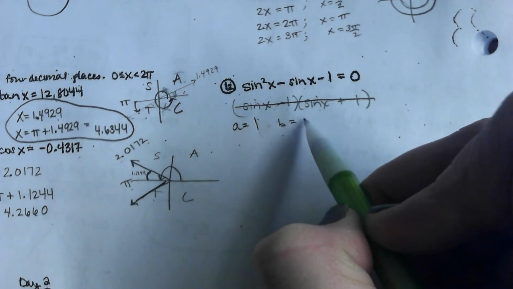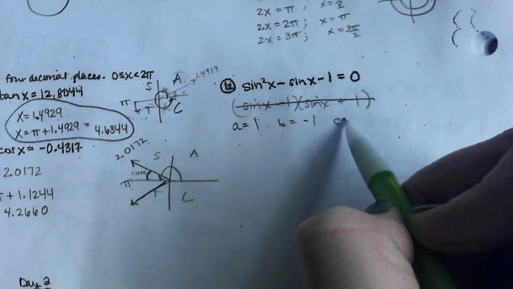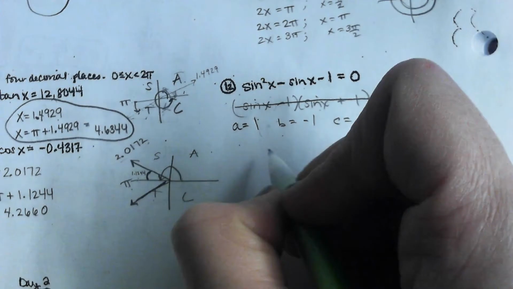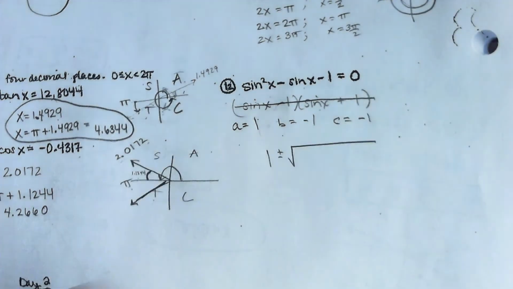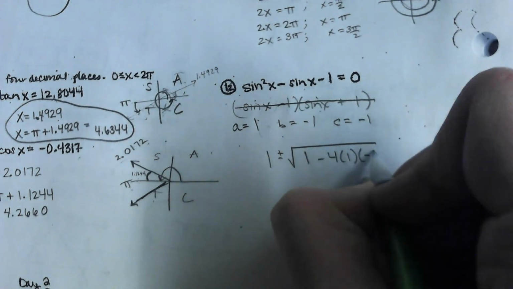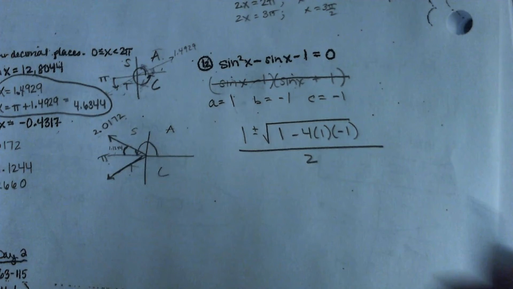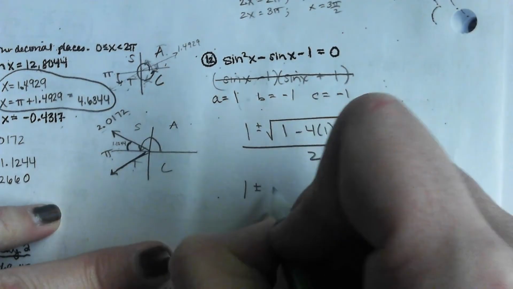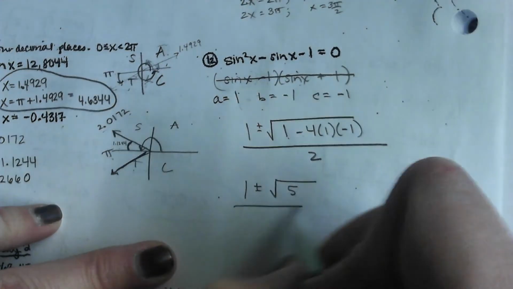B is -1. And C is -1. So the opposite of B is 1, plus or minus the square root. B squared is 1, minus 4A C is -1, all over 2A is 2. That's going to give us 1 plus or minus the square root of 1 plus 4, which is 5, all over 2.